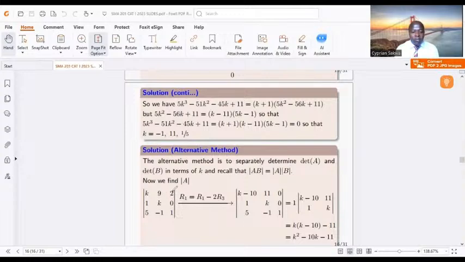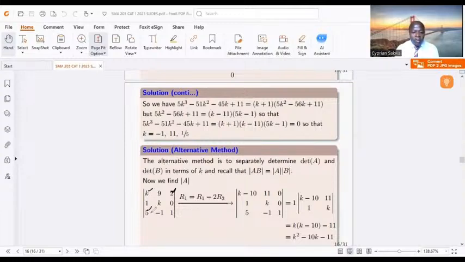So I thought of how to create a 0 here. To create a 0 here, I want row 1 minus 2 row 3.